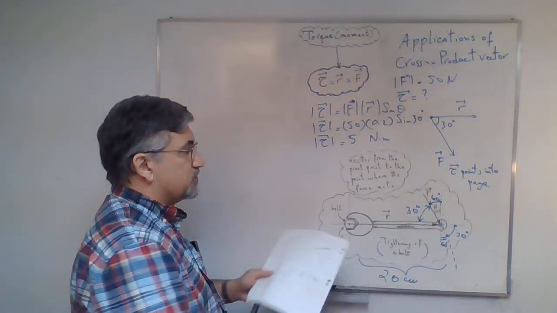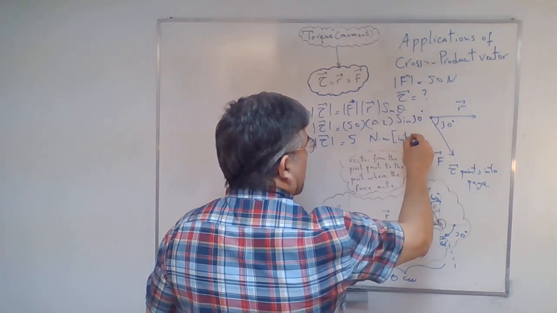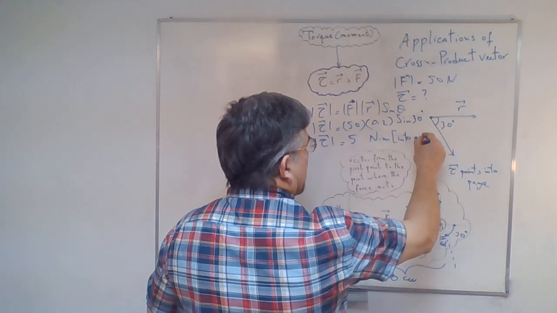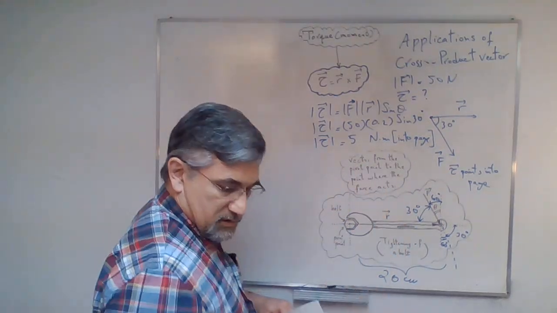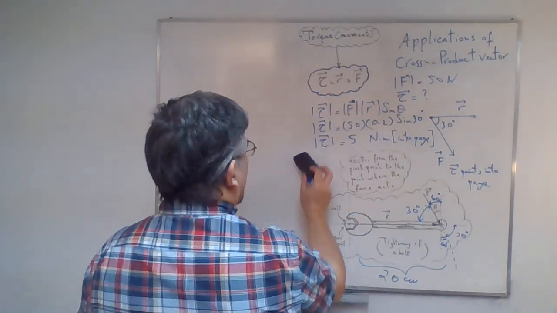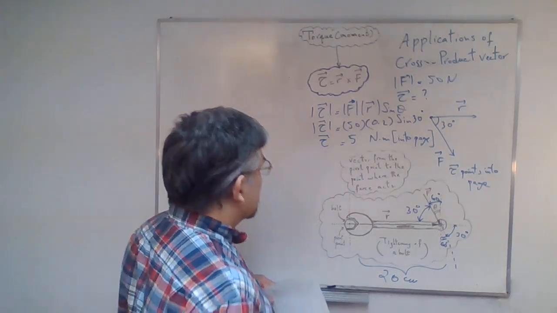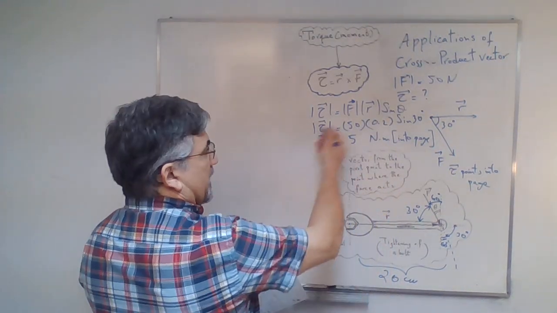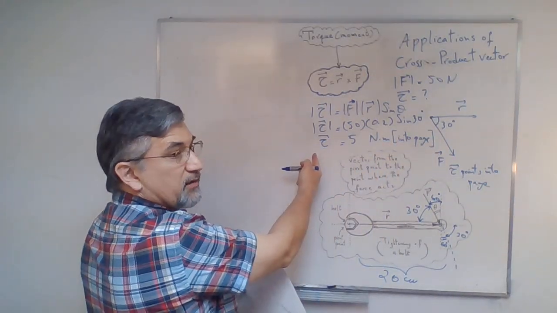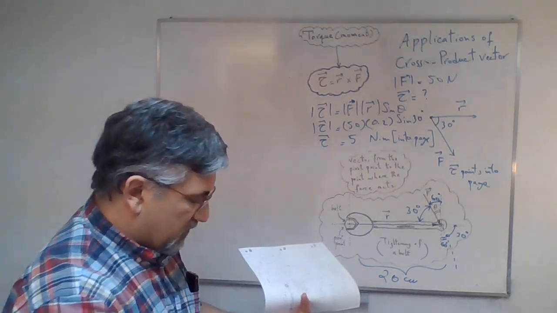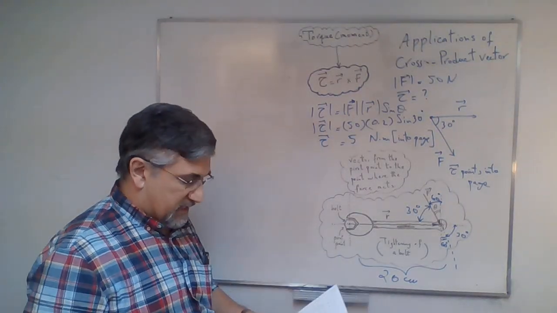So that's the direction. I'm going to write down here, into page. Now this is complete, except that I just changed the symbol for the magnitude because this is the vector itself. The magnitude was 5, but right now, including the unit, I'm talking about the vector quantity itself. So that would be the torque vector in this example.